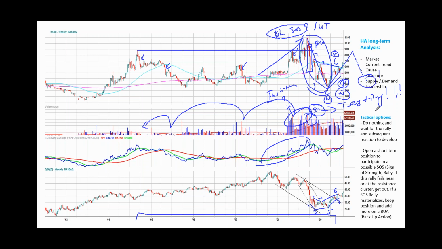Yes. So the presence of supply, the aggressiveness of the supply, the inability to create a backing up action, weakness around this area right here relative to what the market is doing suggests that there's going to be some kind of test after we have a completion of a rally.